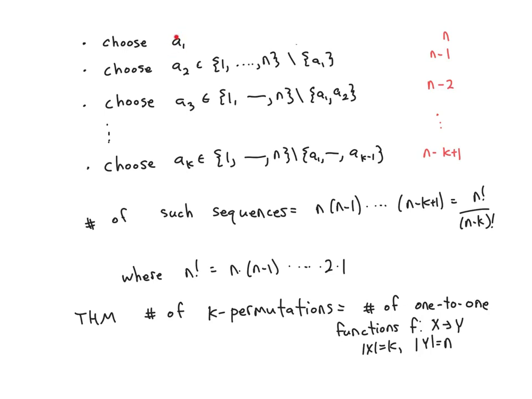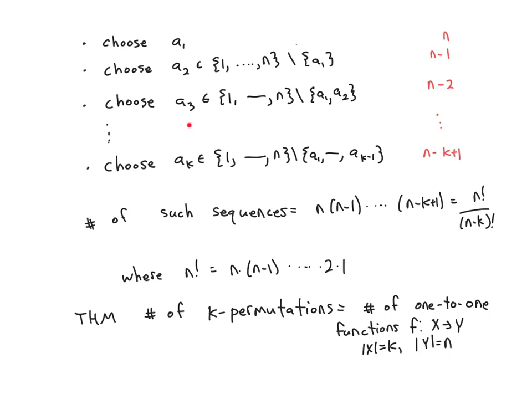Now, once you've specified the first entry, the second entry can be any of the numbers except the first, because if you choose the first entry again, you now have a repeat. Similarly, the third entry can be anything except whatever you picked for the first two. And in fact, since these two are distinct, this set really has size 2 here.